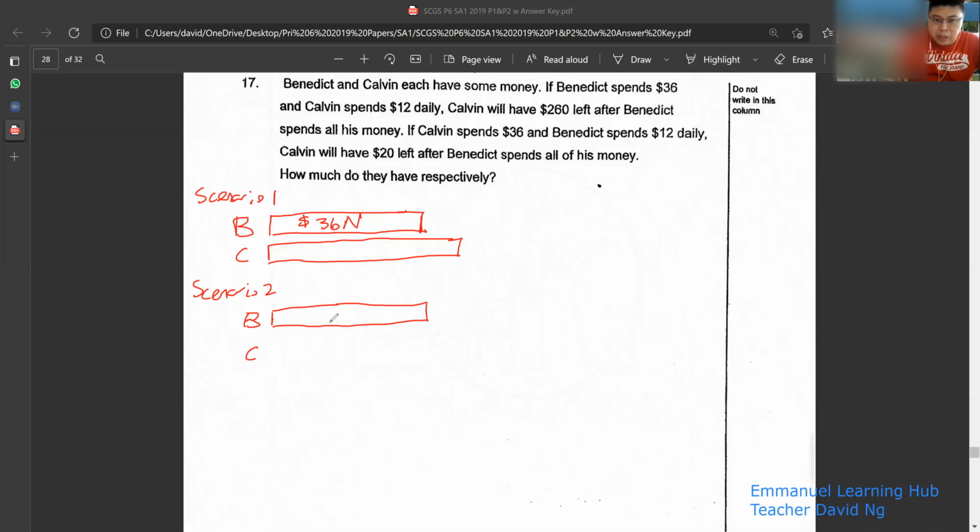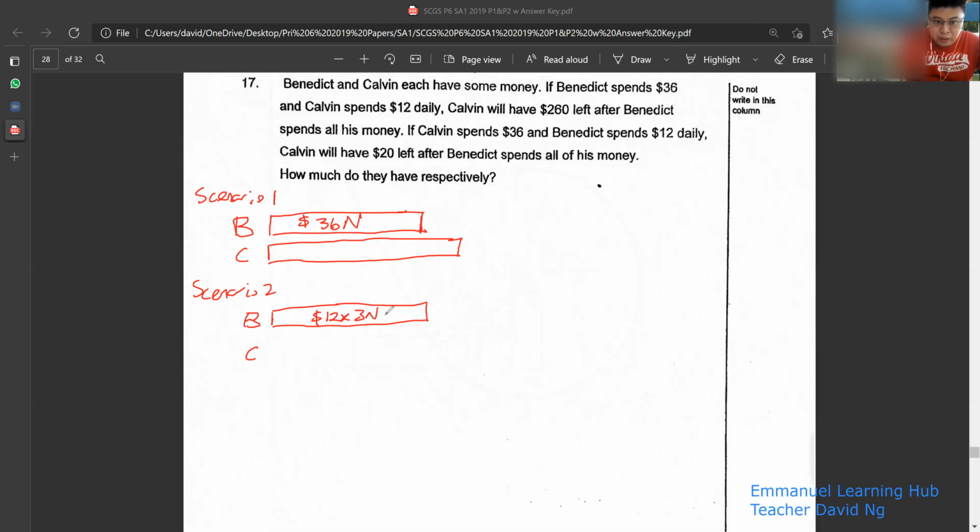Because now Benedict needs more days to spend the same amount of money. Benedict spends $12 daily, right? $12 times 3N, because Benedict still has the same amount of money.